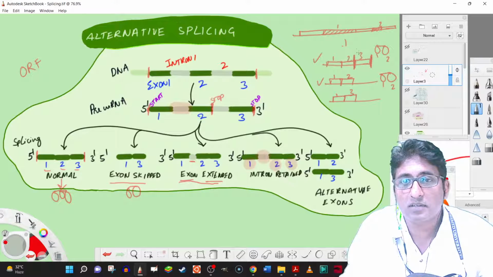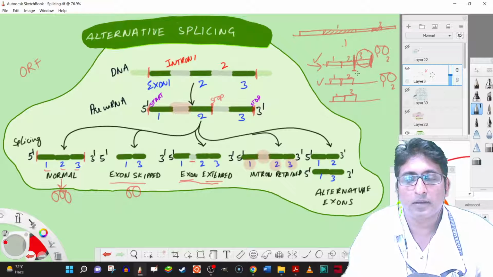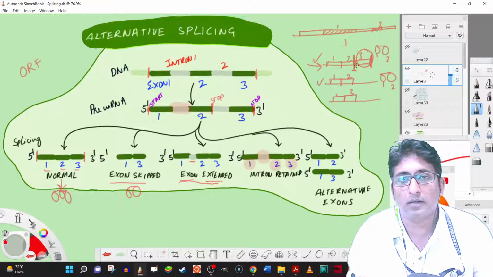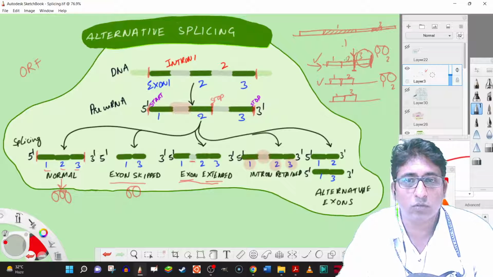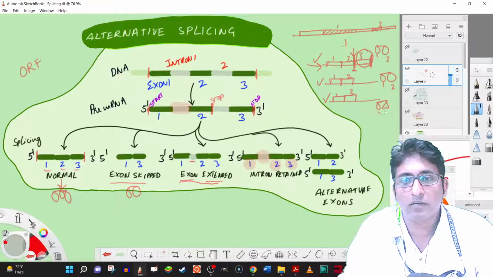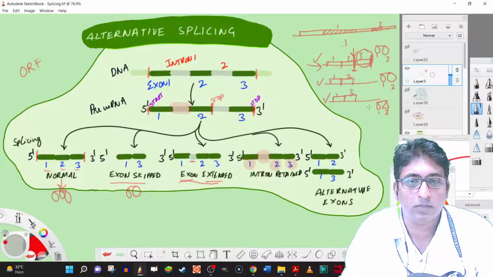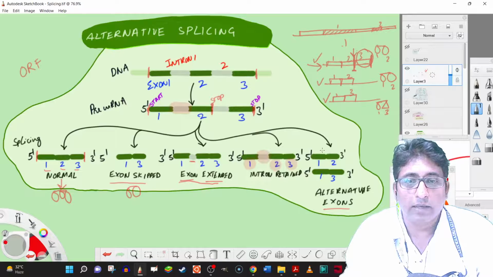So in the first case, it doesn't matter if exon 3 is present or not, because the ribosome would have translated, come across the stop codon, and there the translational termination would occur. And in the last scenario, we have exon 1 and 3, so we might have a different type of protein. So this one is called alternative splicing. It will have either 1 and 2 or 1 and 3.